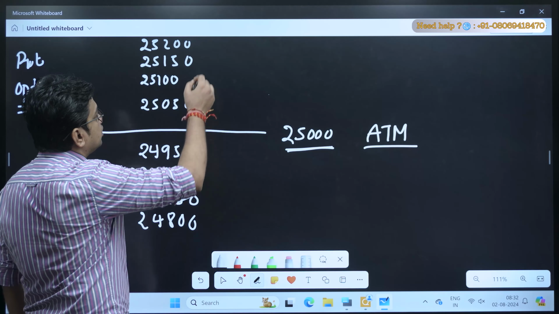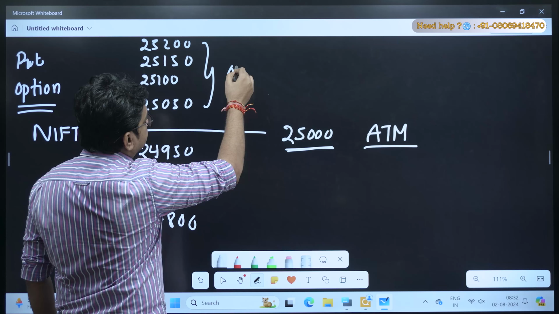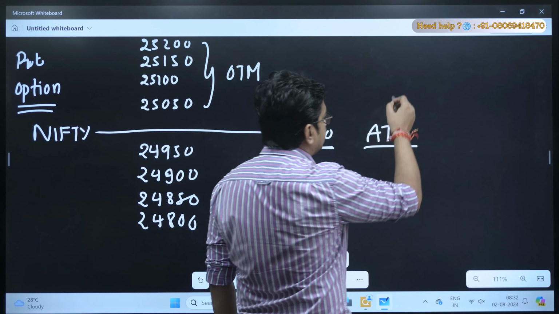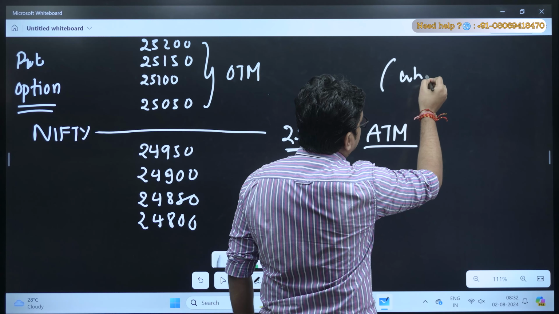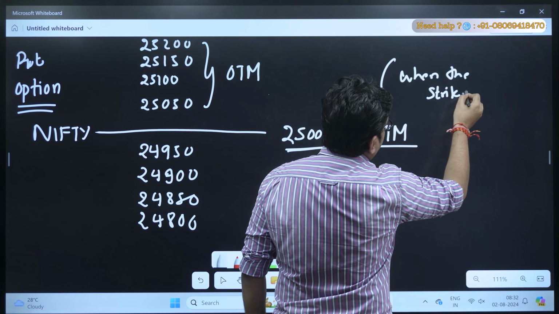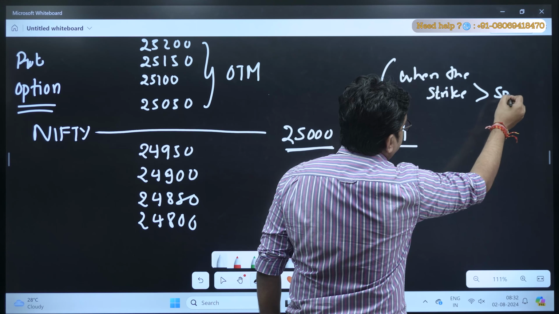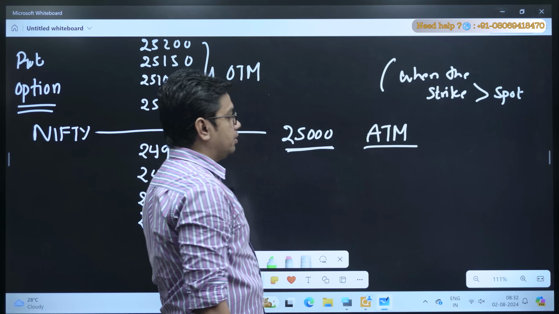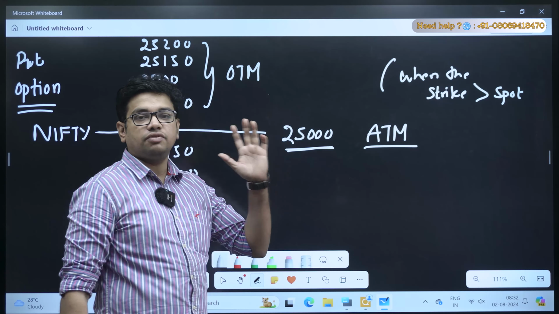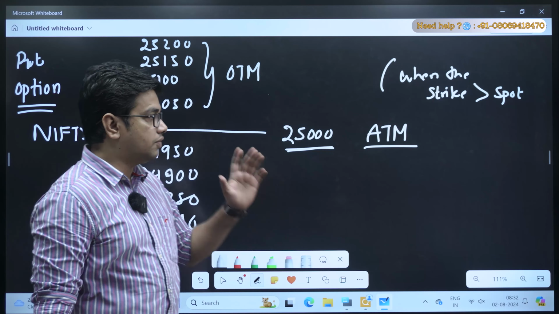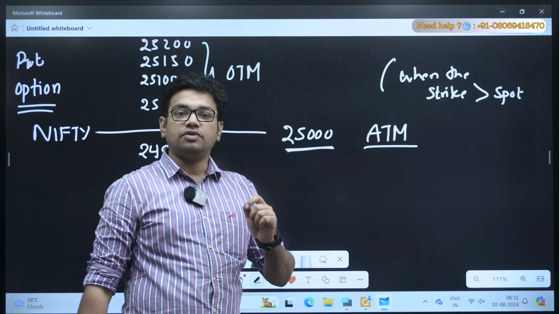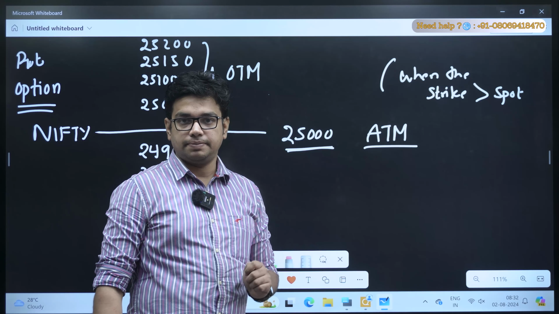So, it will be known as OTM. The formula derived here: when the strike is greater than spot, that strike will be known as OTM, and whatever options we buy from that strike will be known as OTM options.